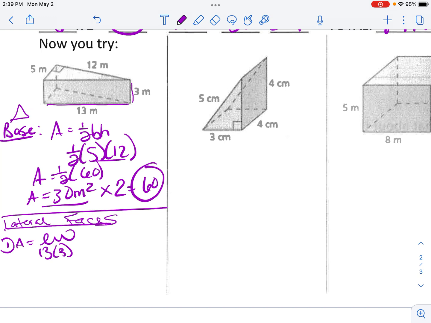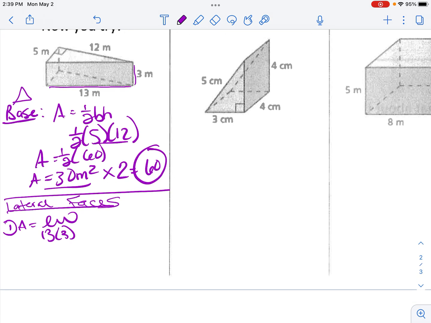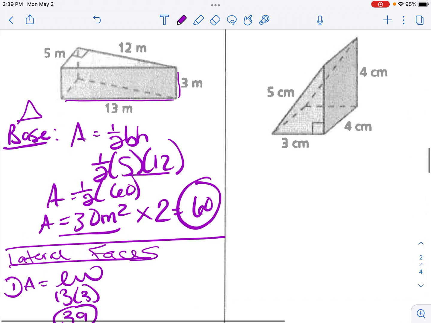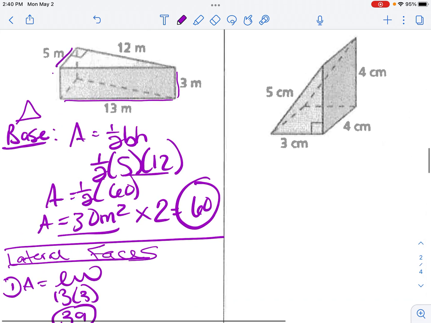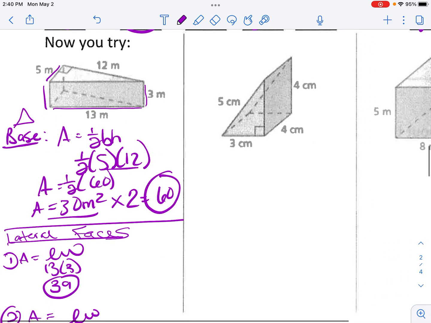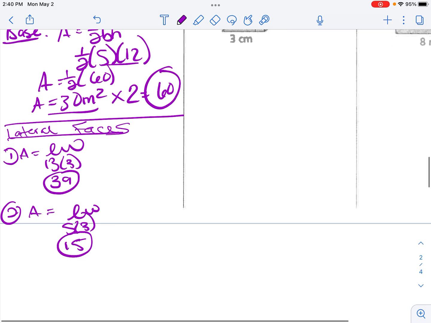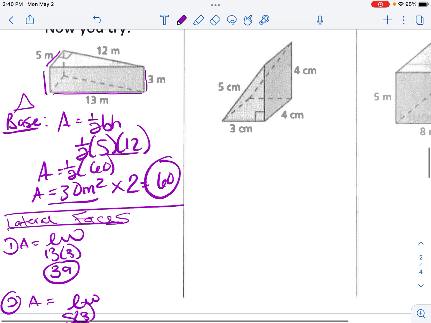13 by 3. 13 times 3 is 39. It's going to be one of them. Down here at the bottom, I've got a 5 by 3, which is 15. So I got a 13 by 3 and a 5 by 3.